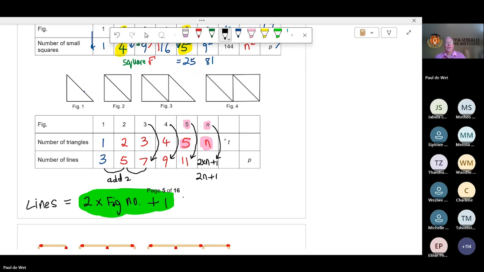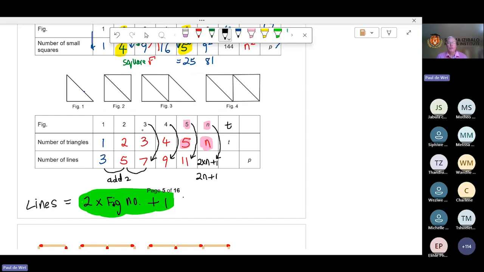If there are T triangles, what do you notice about the numbers in this row and the numbers in the top row? They're exactly the same. So this must be T. This must be T. Okay. All right, guys, you can't see each other's faces because I've turned off your cameras. These two numbers are the same.